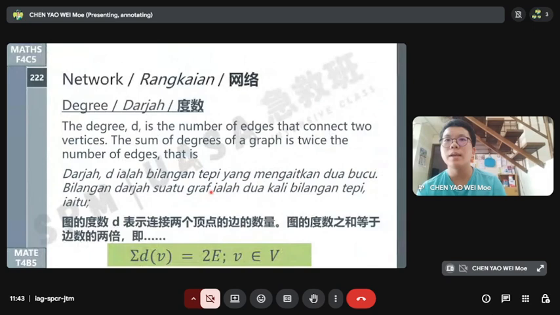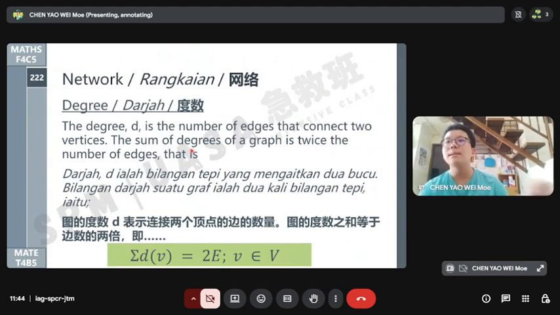If we have vertices and lines, we call them edges. Of course we have degree. Degree is the number of edges that connect to a vertex. The sum of degrees of the graph is twice the number of edges.